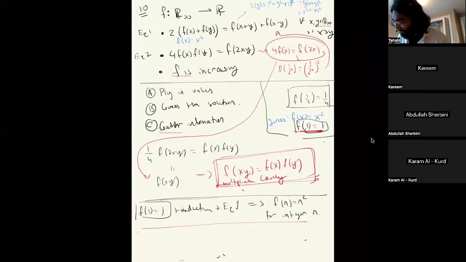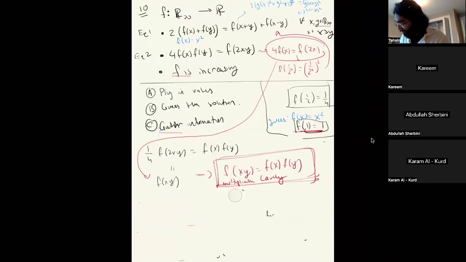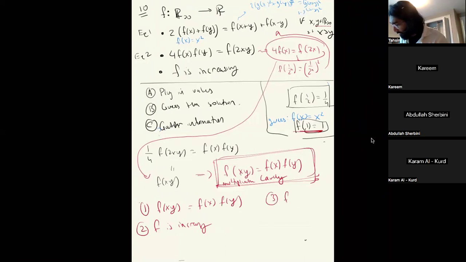I think we're actually completely done from these two observations. So what do we have? Number one, f of xy equals f of x, f of y. Number two, f is increasing. And maybe also number three, f of 1/2 equals 1/4.